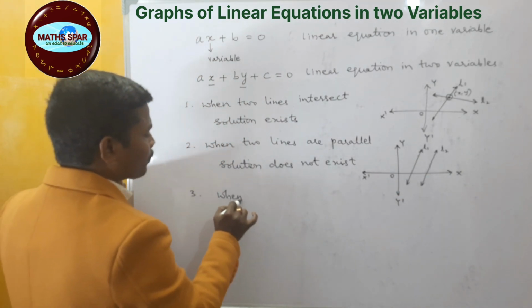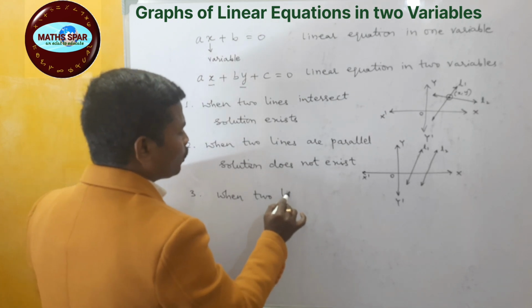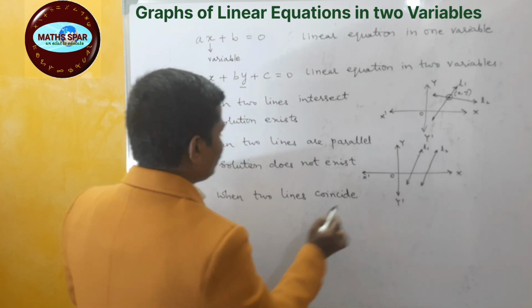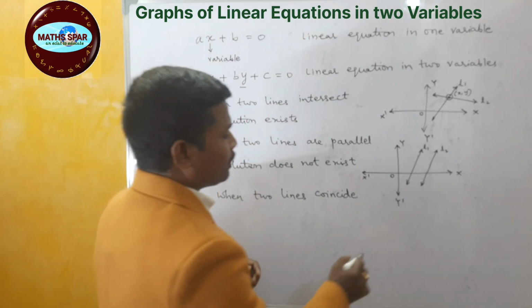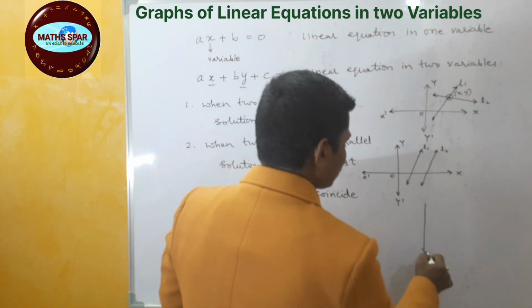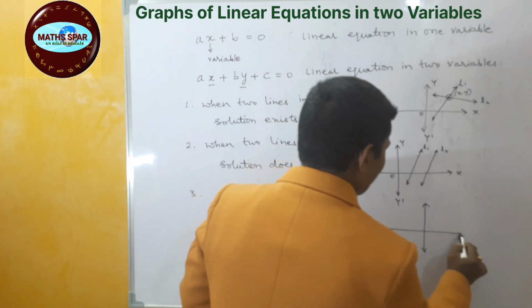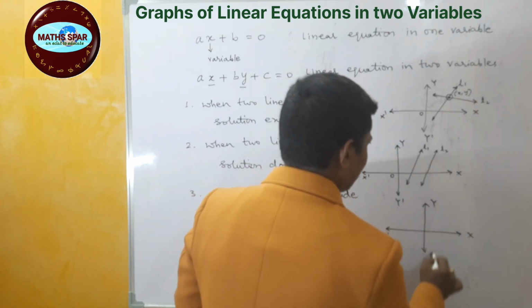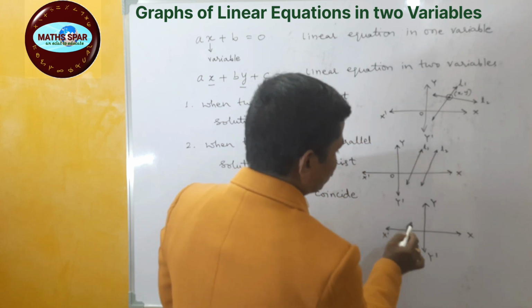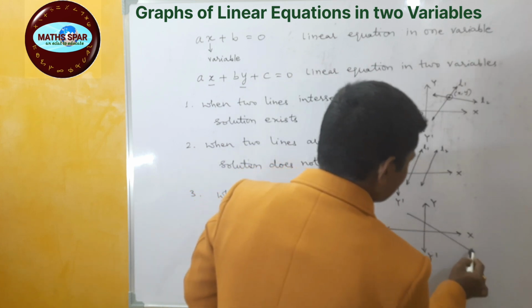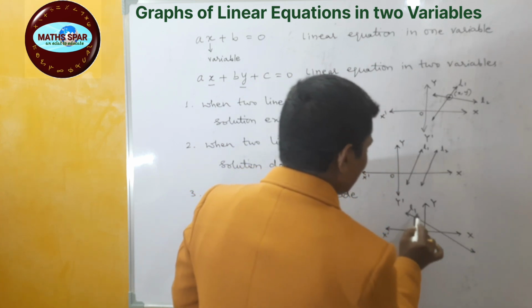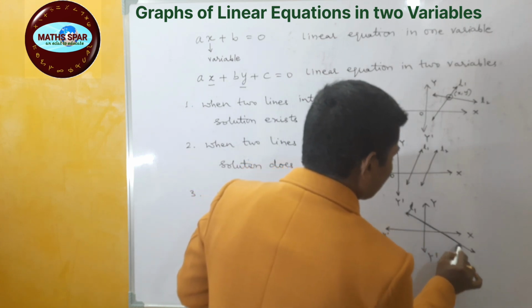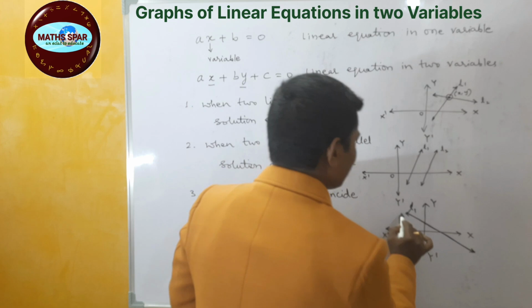When two lines coincide, that is, x dash, y, y dash. Suppose there is a line like this, L1, and L2 is also overlapping the same line.